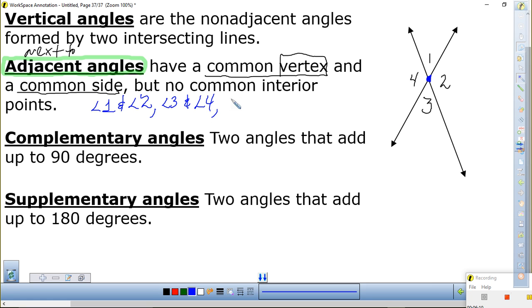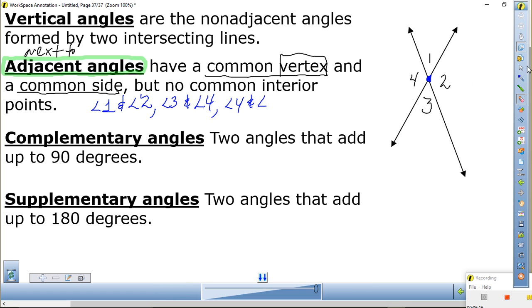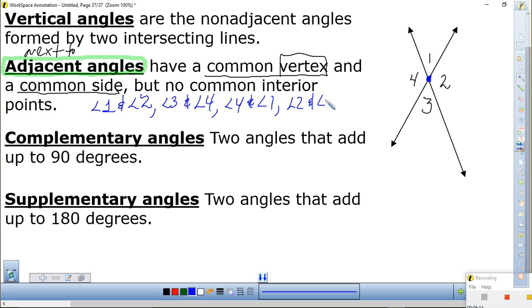Angle 4 and angle 1. Oh, yeah, I did that to see if you were paying attention. So let's see. Are these side by side, sharing the vertex and one side? Yes. And we're missing one more. Francesca. Angle 2 and angle 3. Are they side by side, sharing the vertex and the side? Yes, those are adjacent angles.